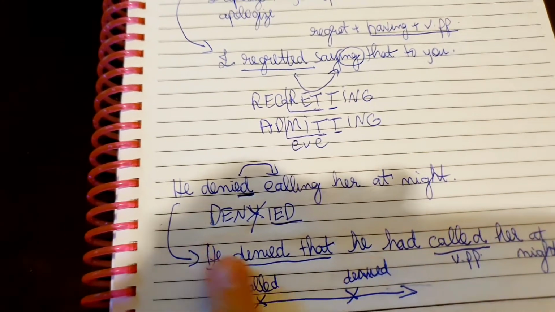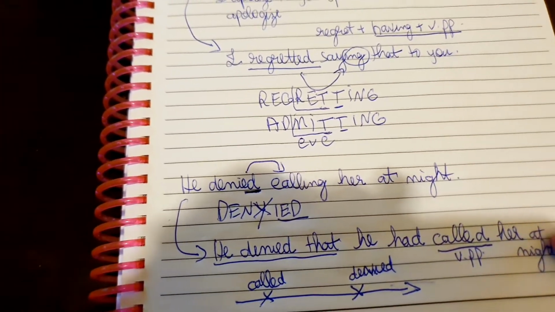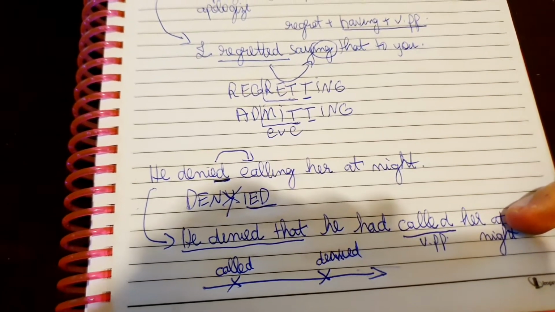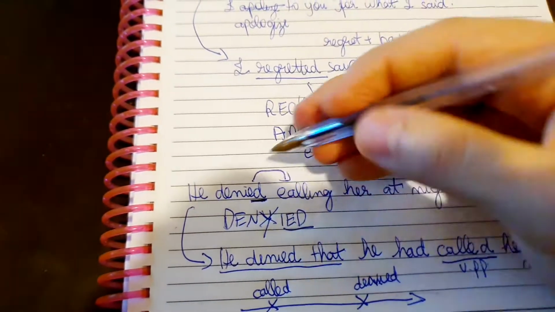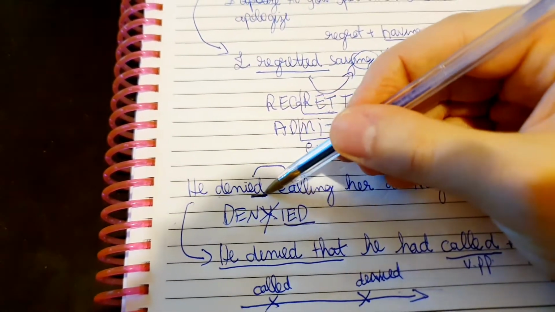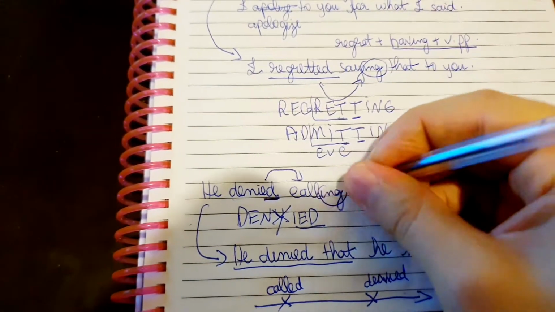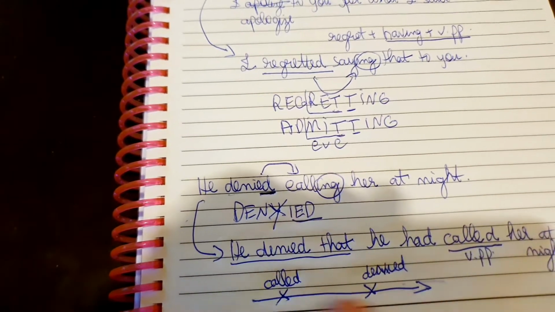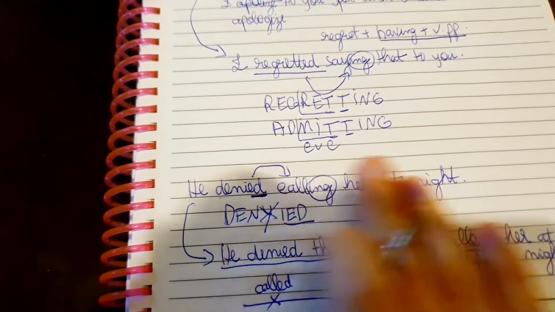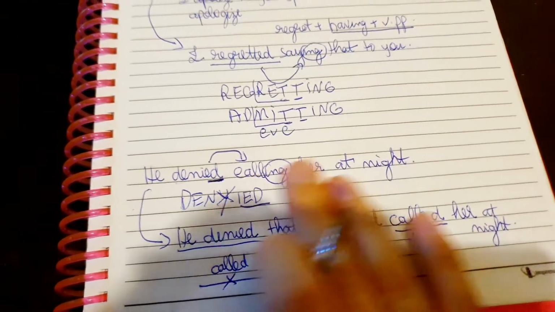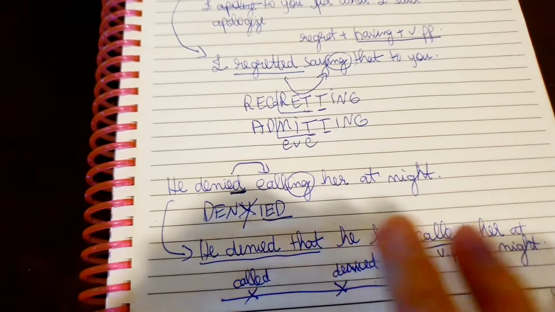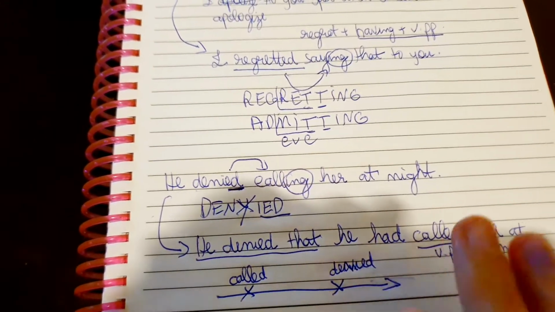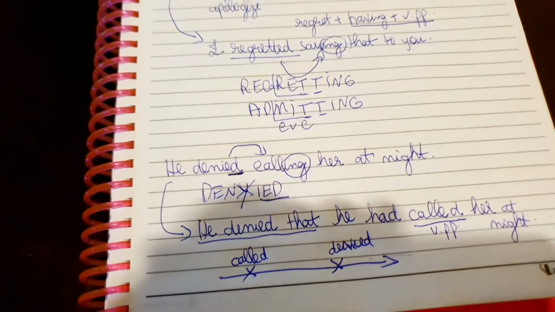Okay, so I can write this sentence that way, and they have the same meaning, okay? But if I write the verb plus another verb, I have to add ing. Here, it's not necessary because the sentence is entirely different. We have a different structure here. We have a reported speech here, all right?